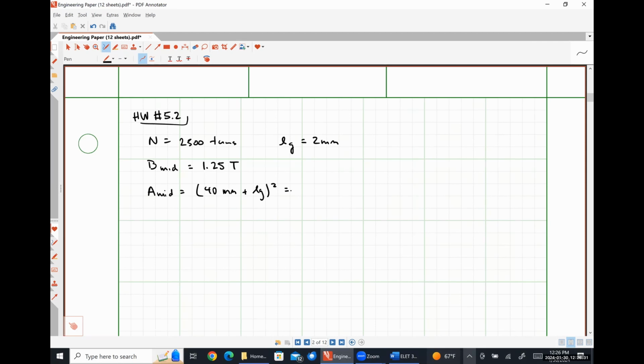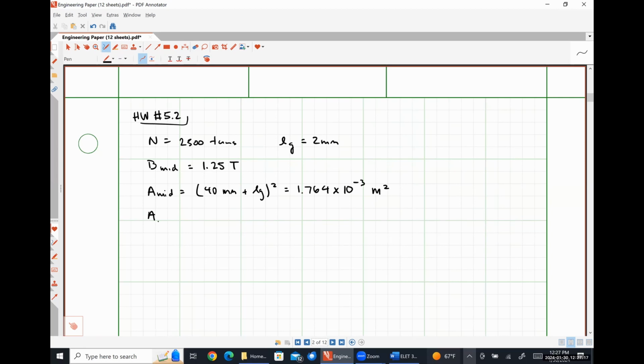I'm going to express these areas in square meters. So 0.042 squared is going to look like 1.764 times 10 to the minus 3 meters squared.